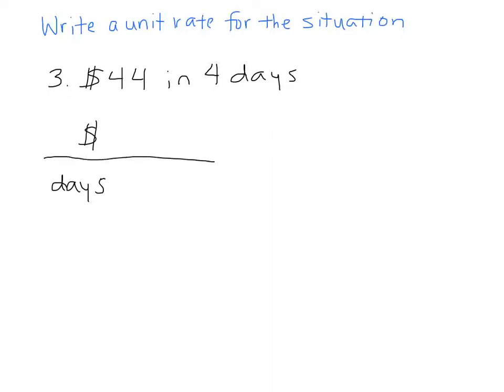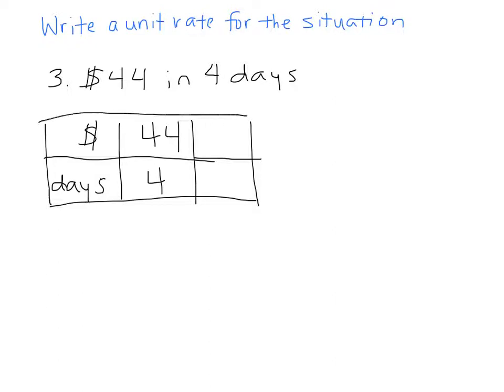So I'm going to make my ratio table. I know I have $44 in 4 days. What would I have if I could make this a 1? I know I want to make it a unit rate. So in order to make it a unit rate, I'm going to change this to a 1. How did I get there? Well, the only way to get there is to divide that by 4.